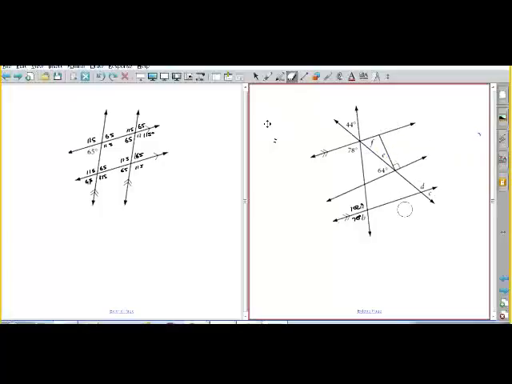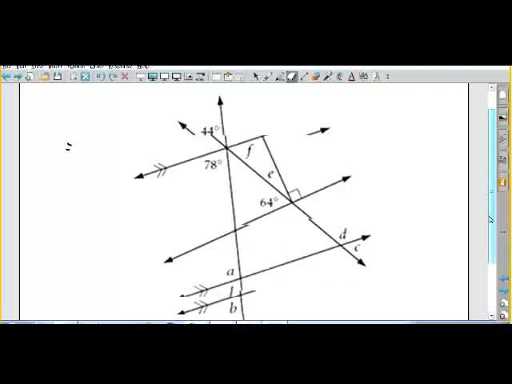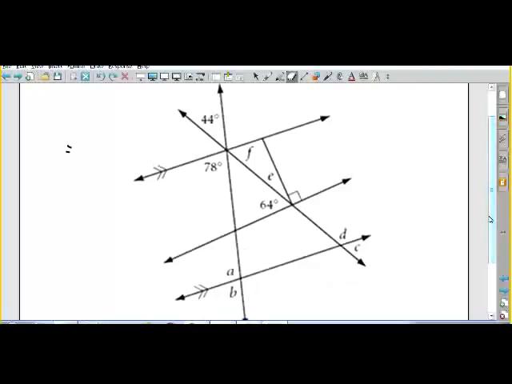Okay, this one gets a little more complicated, so erase all this stuff. Where to start? Does anybody have any idea? Jackson, I passed you over. So where do you think we ought to start in this thing?